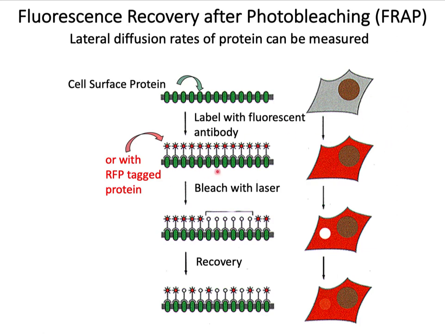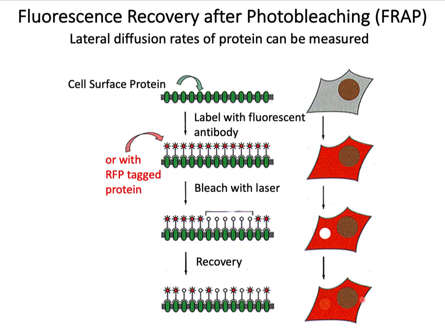So you stain the protein of interest with a primary antibody, or with a primary antibody and secondary fluorescent antibody, or label the protein with GFP or RFP, red fluorescent protein, as used here. Somehow you make the protein fluoresce.